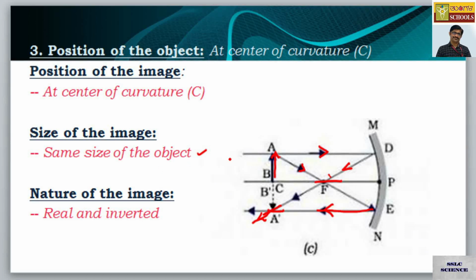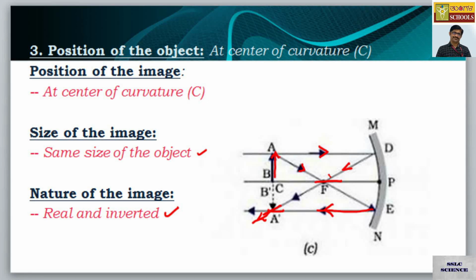How the object appears at this point, you will get the same image, and the nature is again real and inverted. Okay, so when you are placing the object at center of curvature C, you will find the image at the center of curvature itself with the same size as the object, and the nature will be real and inverted.